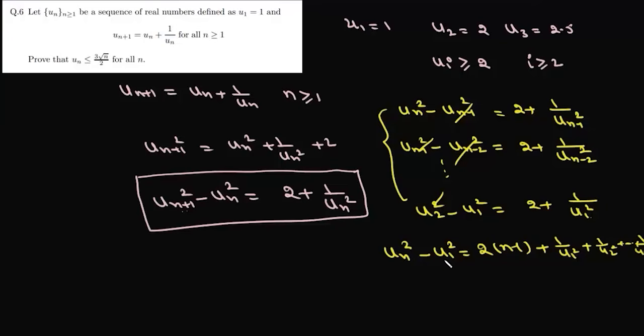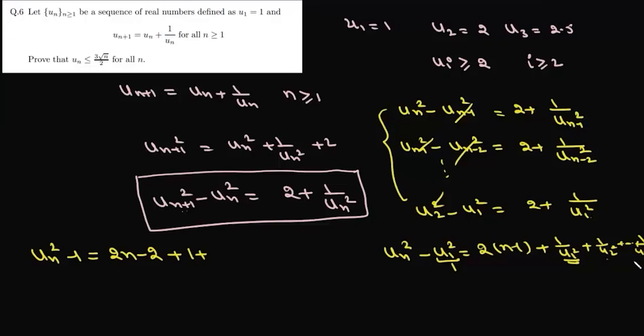Now u1 is 1, so we can write un square minus 1 equals 2n minus 2 plus, now this u1 square again will be 1, and this u2 square, u3 square and so on up to u(n minus 1) square.